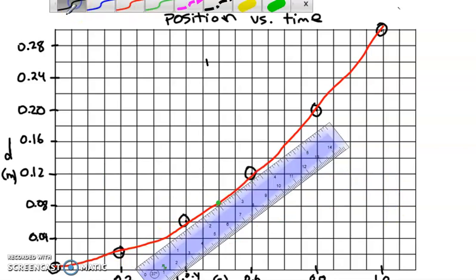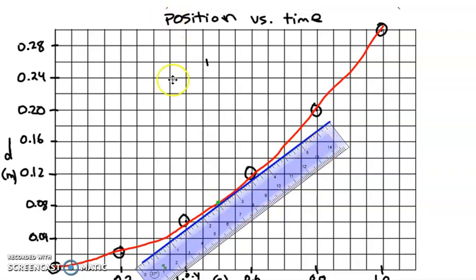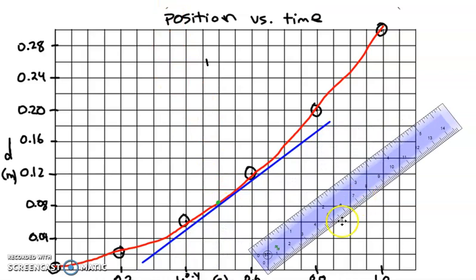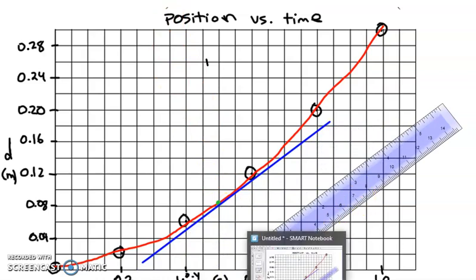Okay, so I've got my ruler finally set up as a tangent line, and so we are going to run a line right along there. That becomes my tangent line.